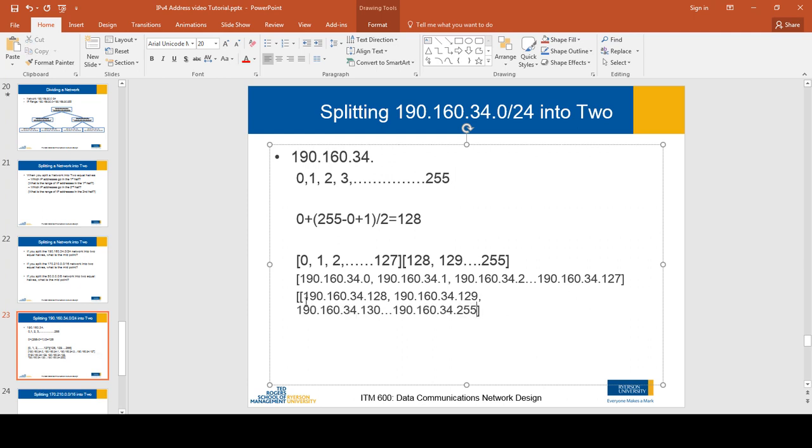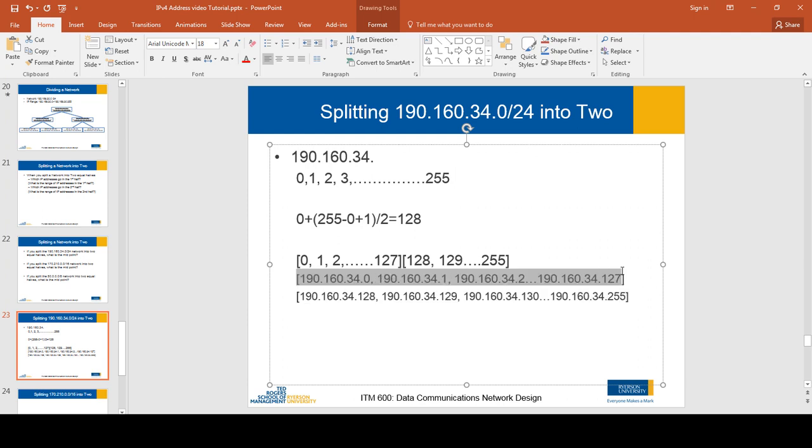So we have this range in the second half and this range in the first half.